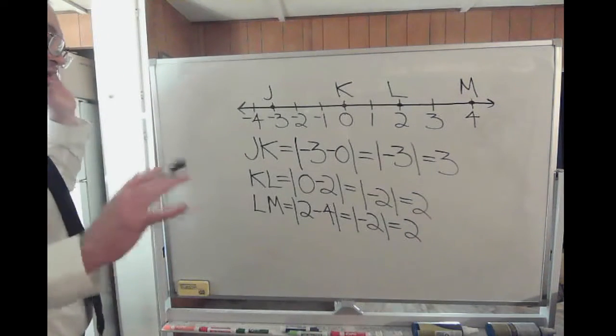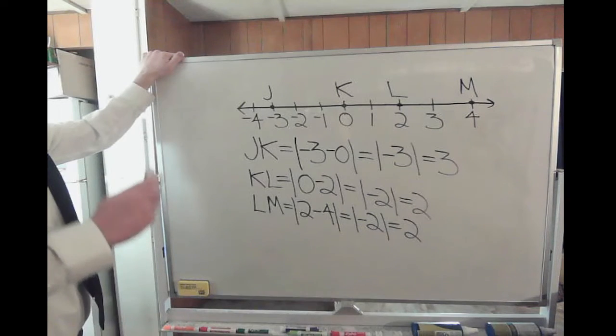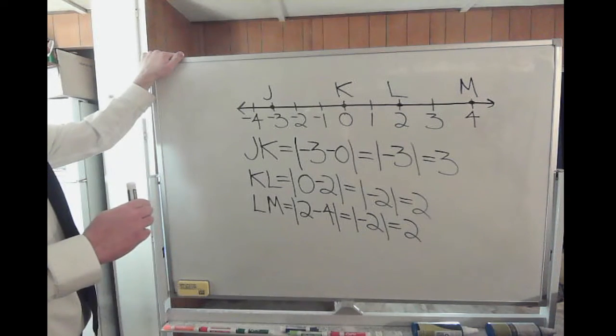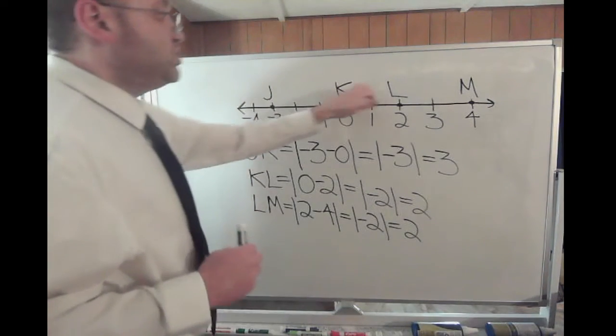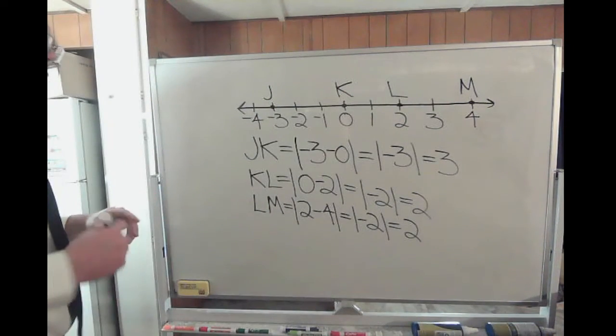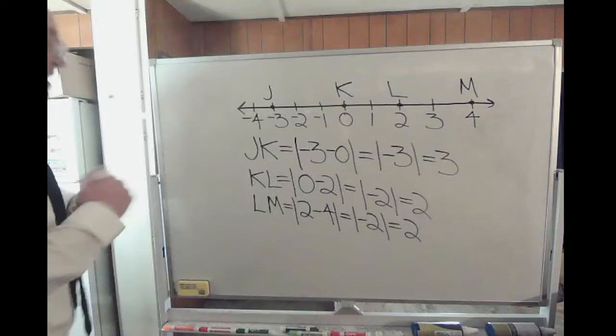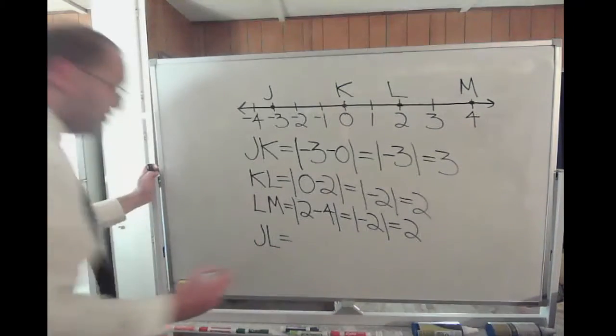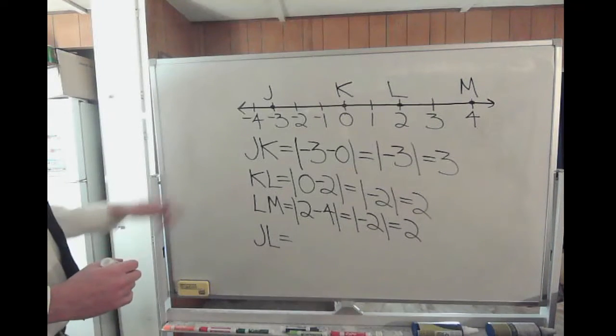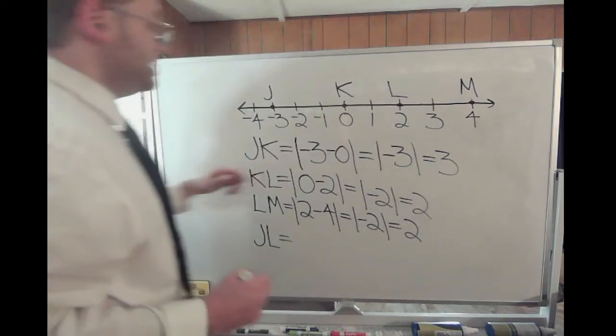Now that I have found the value of each individual segment, what if I'm asked to find JL? So here's the segment addition postulate at work. I'm going to find the length of segment JL.